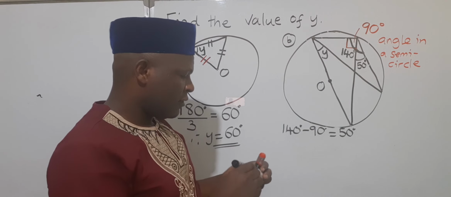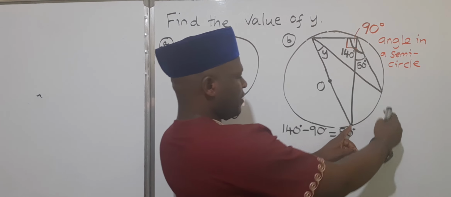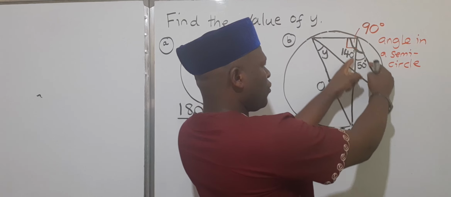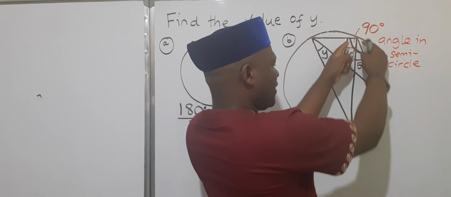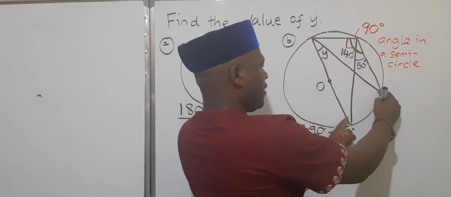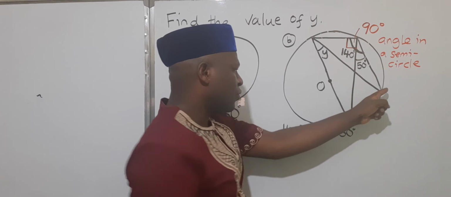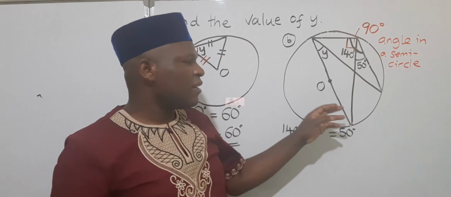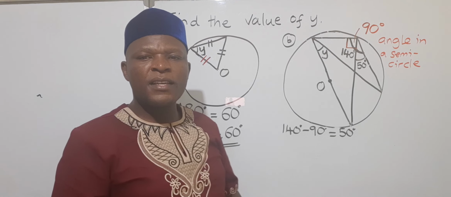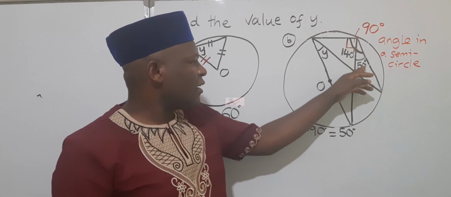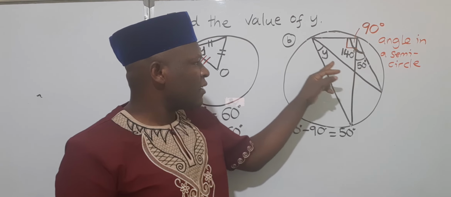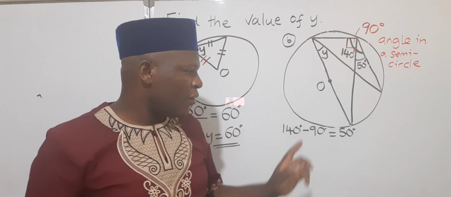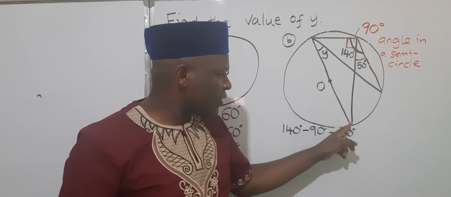From this, you can tell that there are 2 points on the circumference here, forming 2 angles on the circumference there, and again from here, going this side. Which reminds me of another theorem, which says an angle in the same segment. Here, this is an angle in the same segment, and also this one. So angles in the same segment are equal. They are coming from the same points here.